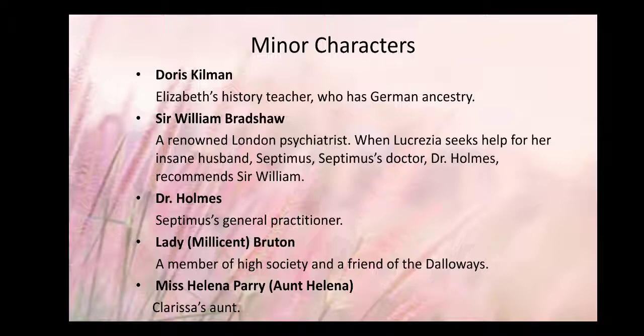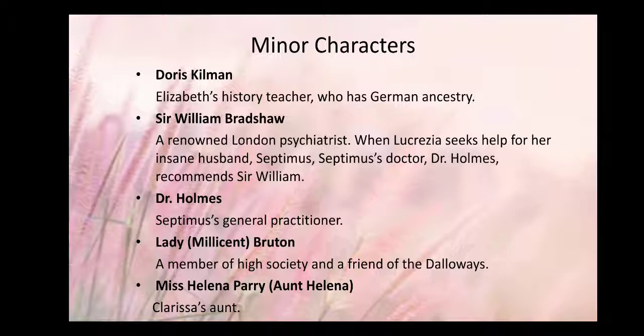This person believes that most people who think they are mad suffer instead from a lack of proportion, and he determines that Septimus had suffered a complete nervous breakdown, and he recommends that he should spend some time in the country. And he's a respectable name in his medical field.